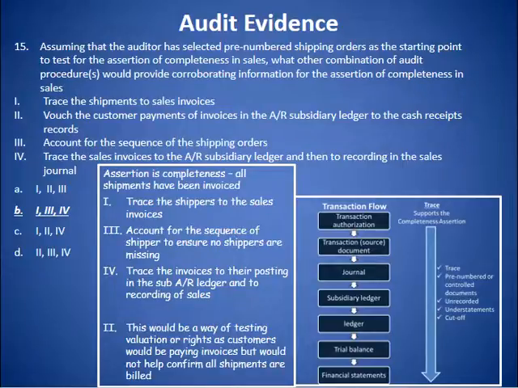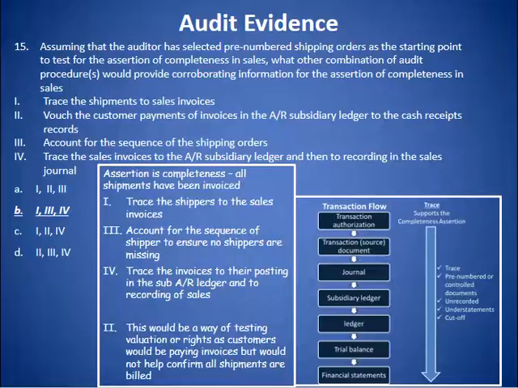So what we can do here is take a look at our transaction flow. If we're going from a previous transaction to a transaction that's leading to the financial statements, that's from top to bottom in this particular case, that would typically support the completeness assertion.